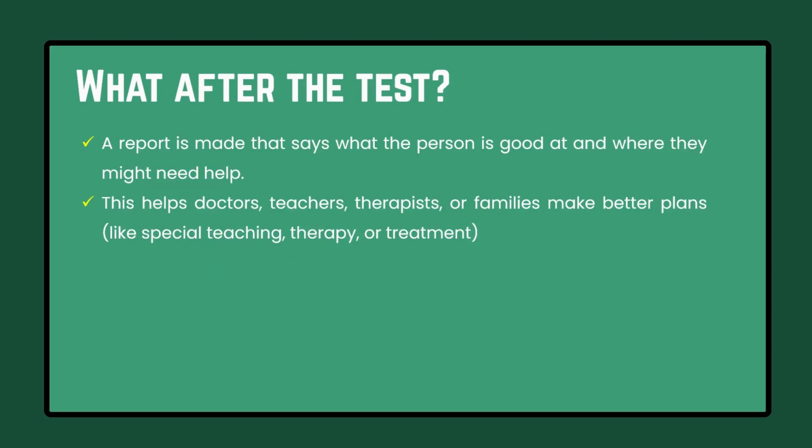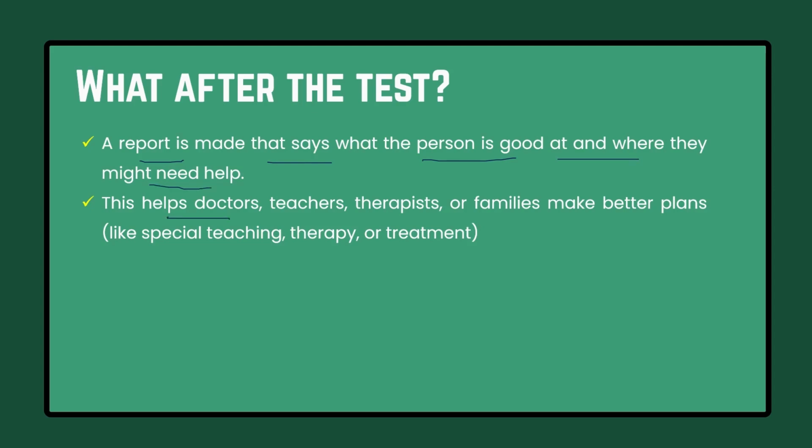So what happens after a test is conducted? After a test is conducted, the psychologist has all the answers to the questions or how well you have performed in the test, and based on that a report is made that says what the person is good at and where they might need extra help.